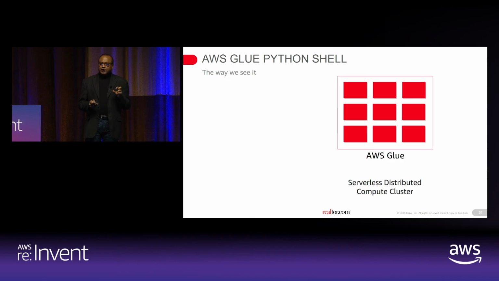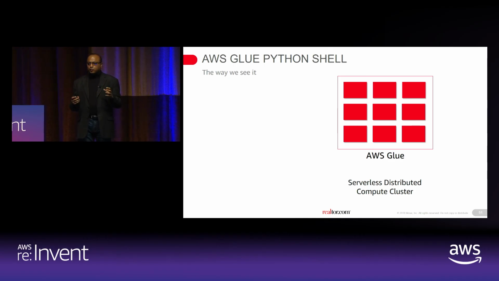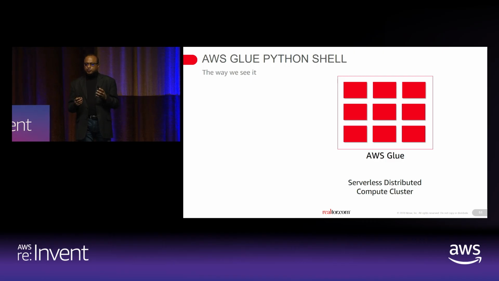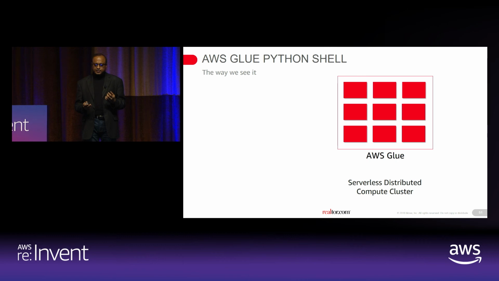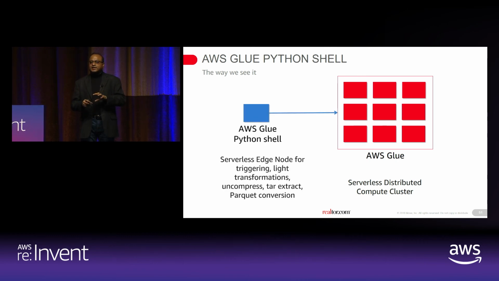The way we look at AWS Glue is for what it is: a serverless distributed compute cluster. You use it so that you can process the data. We look at the Glue Python shell, though, as the edge node.